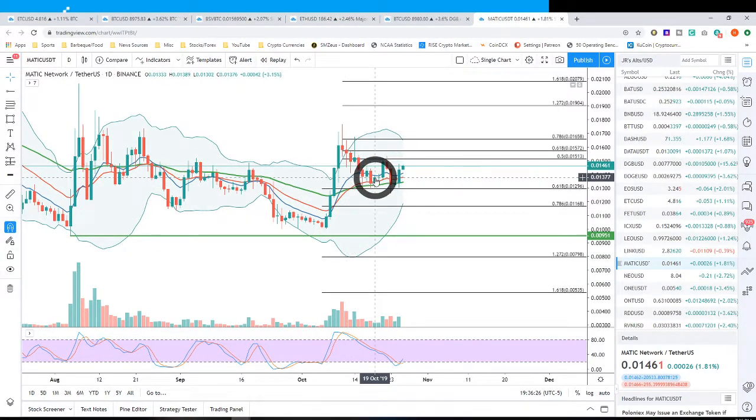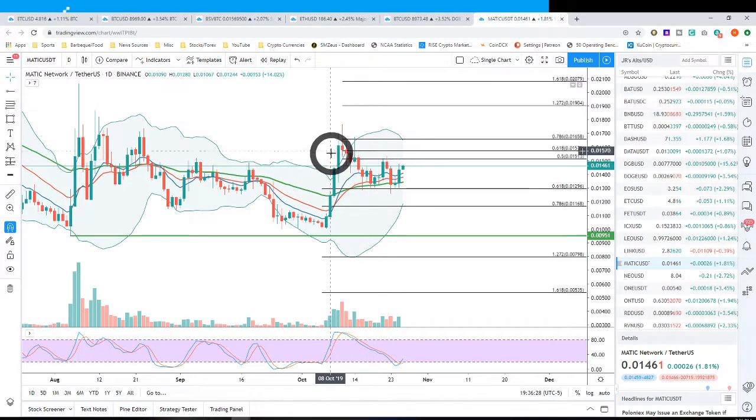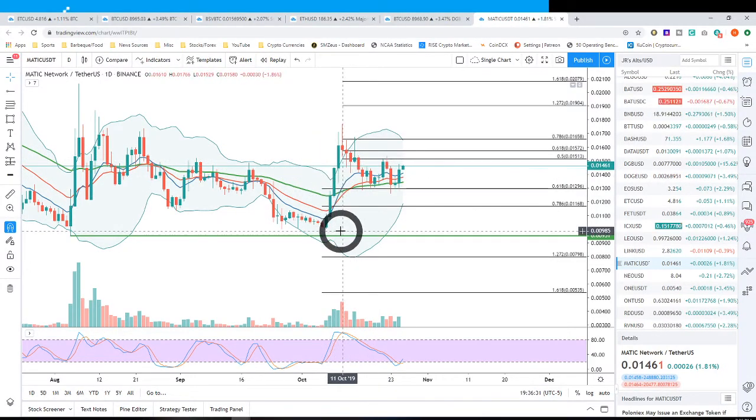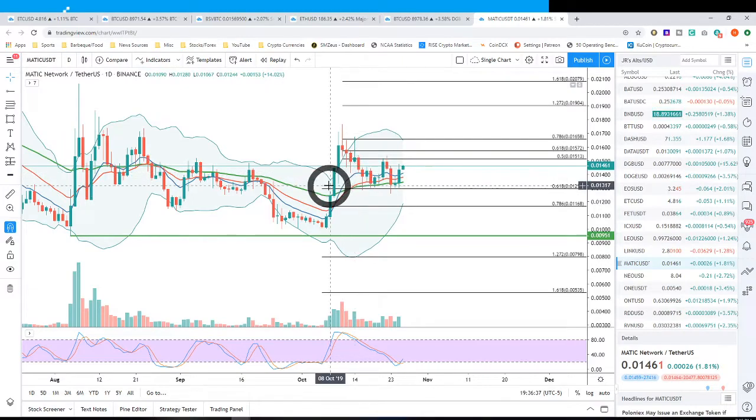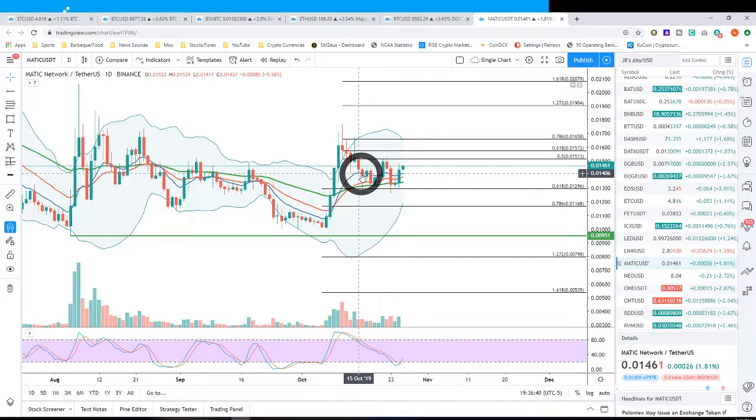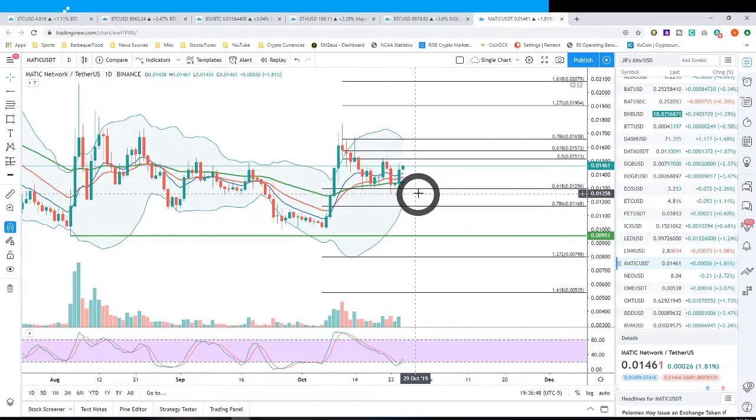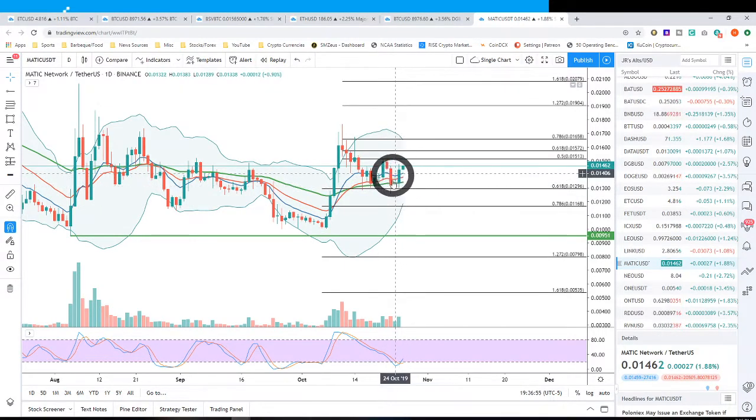This is a pattern that is corrective, right? It's like, that's all your people that made their money here and they're getting out, or people that FOMO'd into it late, they're selling out. And now the strong players are coming in behind them and going, oh, thank you for that. I think I'll pick up some here. And so now you've got a reversal pattern here on the moving averages, right at the 61.8.